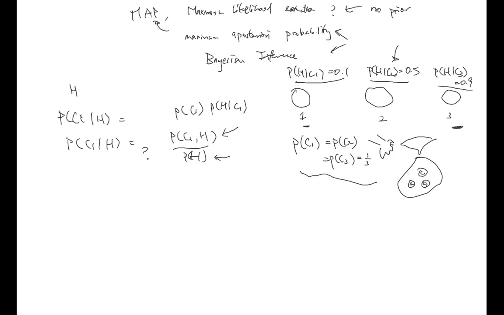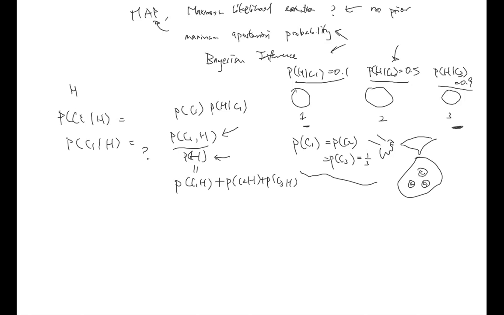I don't know how to compute P(H) directly, but I know each of the P(C,H) terms. So this is equal to P(C1,H) plus P(C2,H) plus P(C3,H). It's just marginalization again.